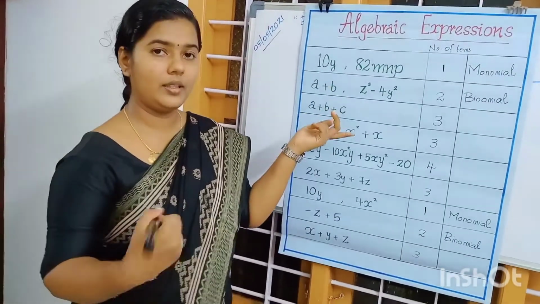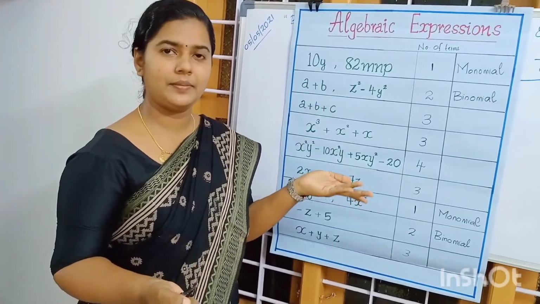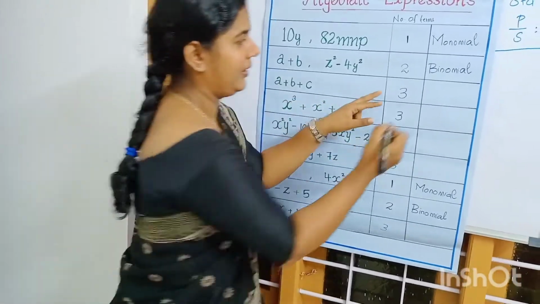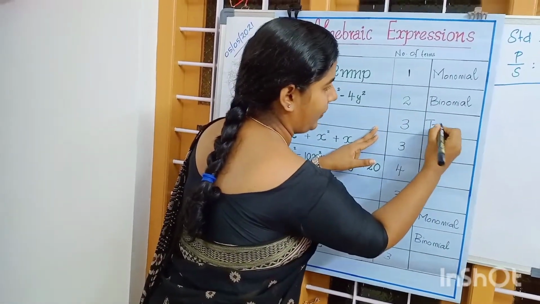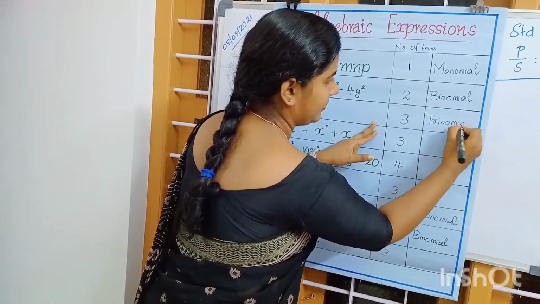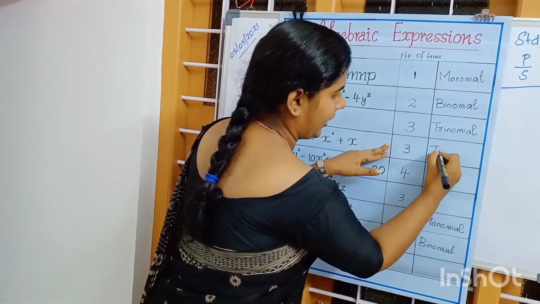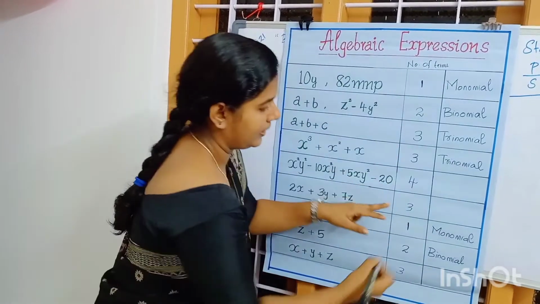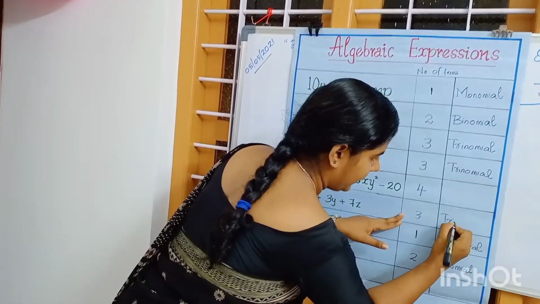What about the expression with 3 terms? Yes, good. It's trinomial. So this is trinomial. This is also trinomial. And this is trinomial.